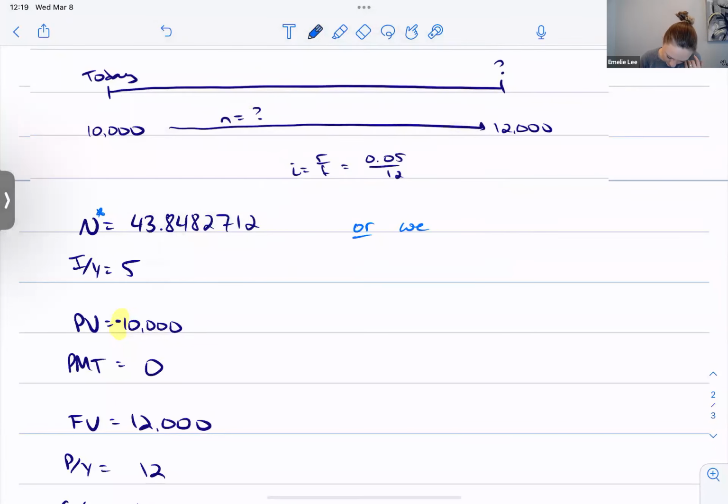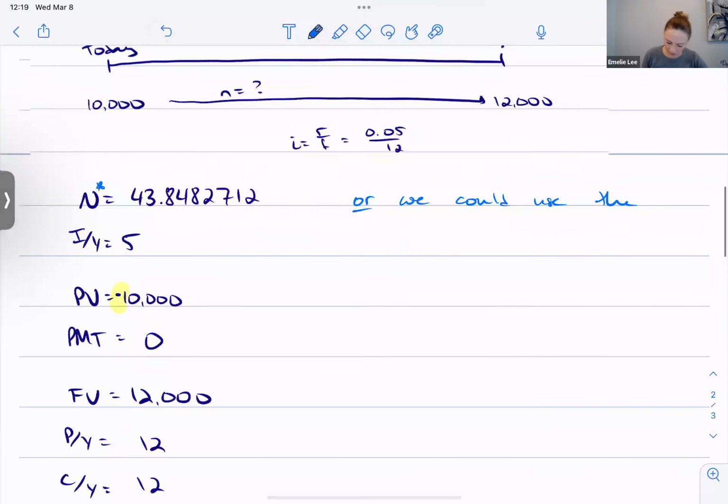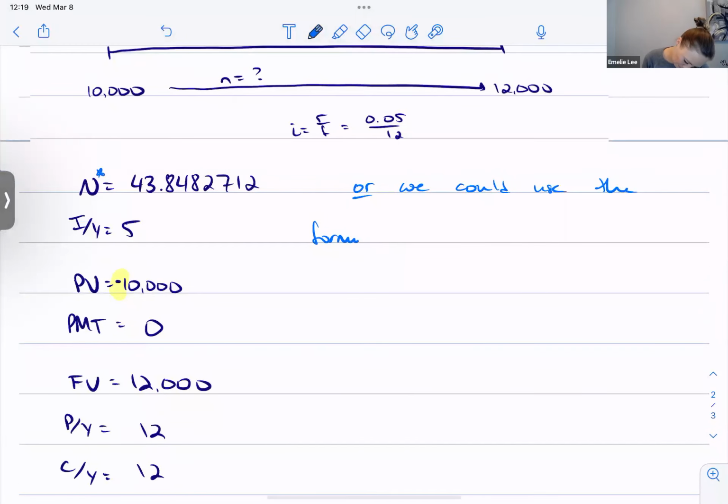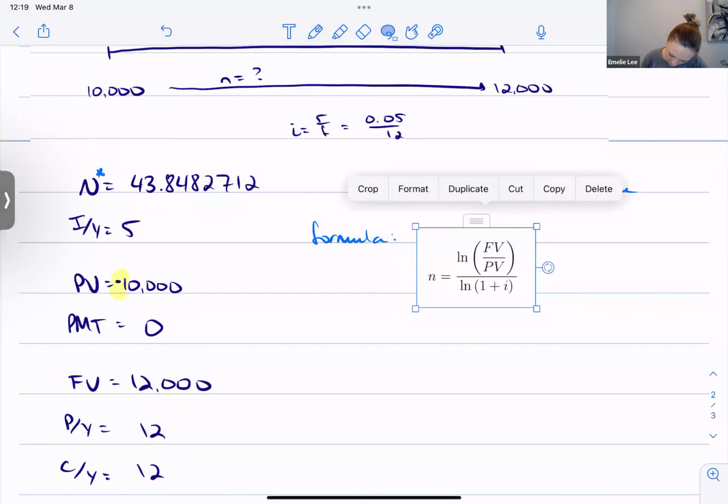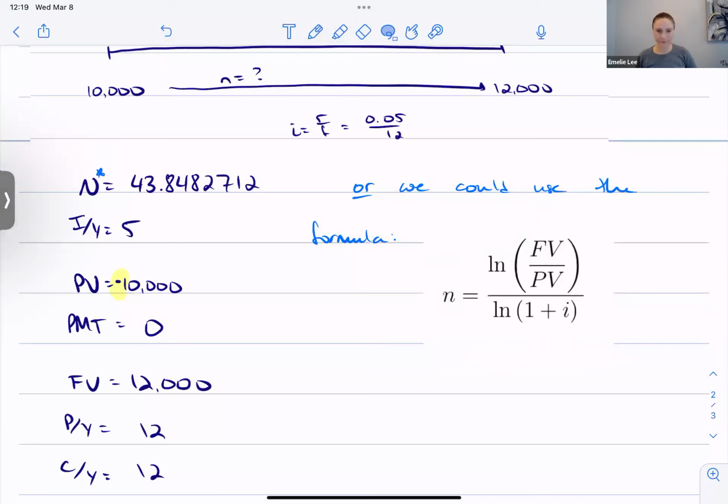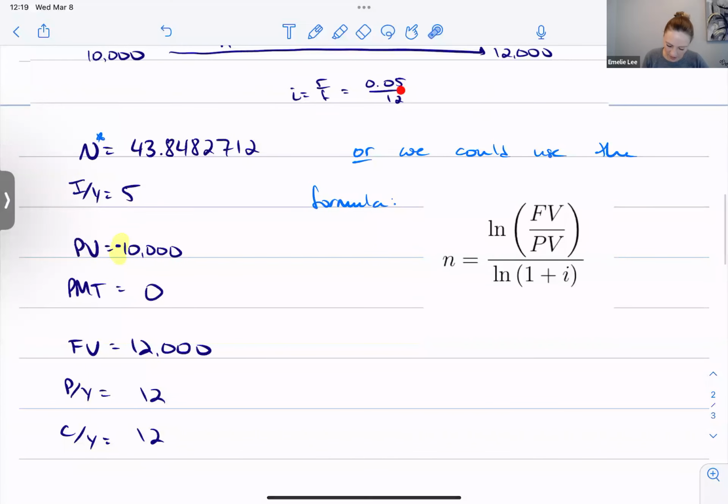N is the natural log of FV over PV, over the natural log of 1 plus I, right? And so I in this case is not a nice number. 0.05 divided by 12 doesn't equal anything nice, I don't think.